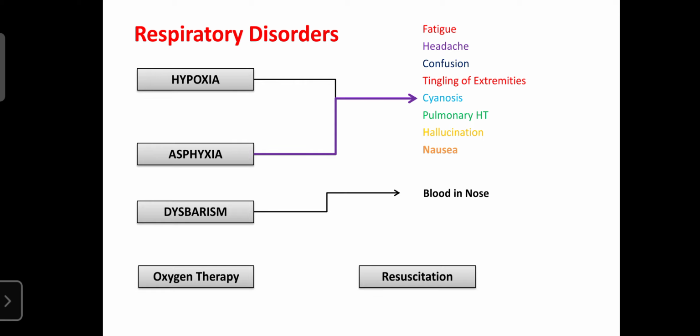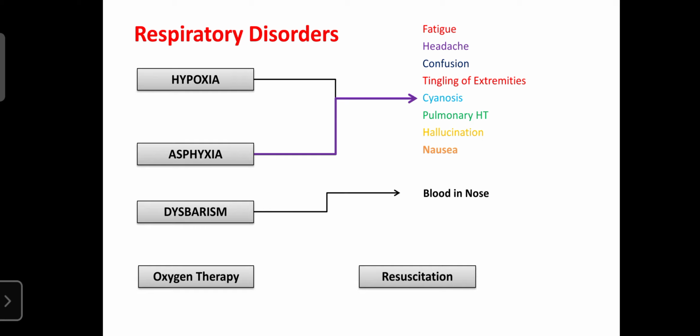That condition is known as asphyxia. The main symptoms of asphyxia are headache and cyanosis. You can see it in the palm of your hand, which is normally red. If the color changes, it denotes that we are suffering from some problem in the lungs, such as asphyxia or cyanosis.